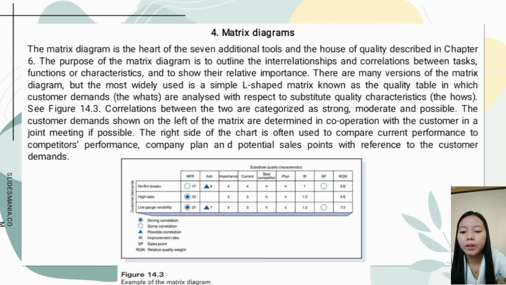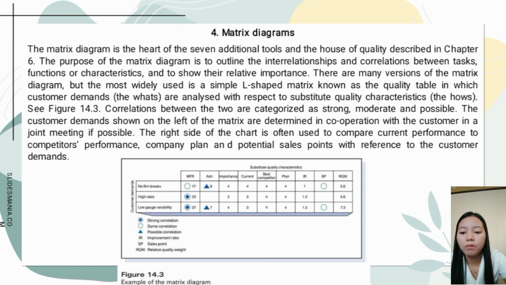And then, pwede rin siyang magbigay ng information about relationships such as strength of the role played by various individuals. Maraming versions itong matrix diagram, pero ang mas pinakagamit ay L-shape.